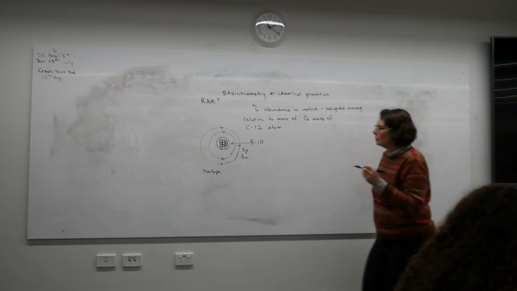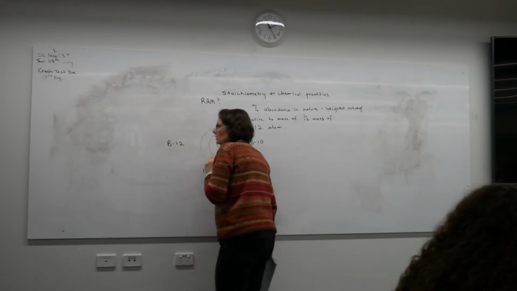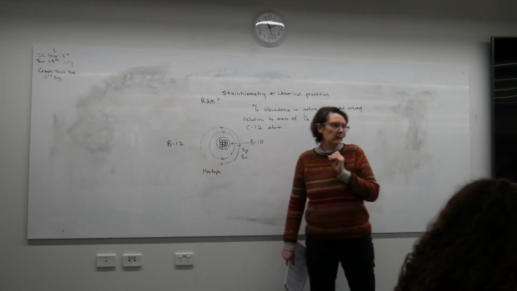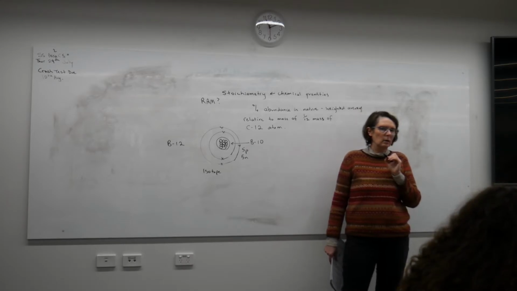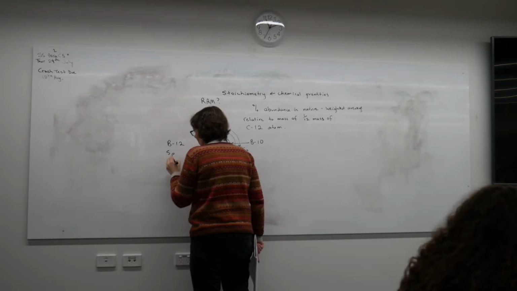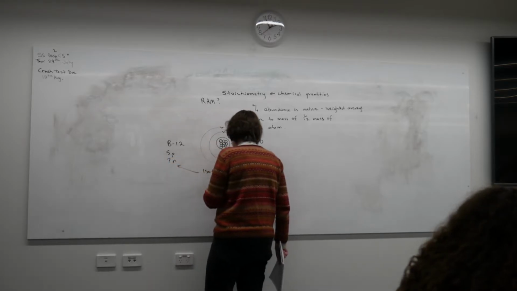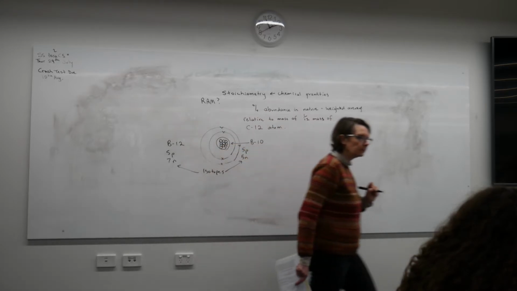And it could also be boron 12, say. What's going to be in the nucleus of a boron 12 atom? 5 protons and 7 neutrons. And this is another isotope of boron.